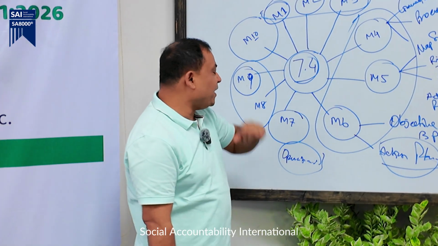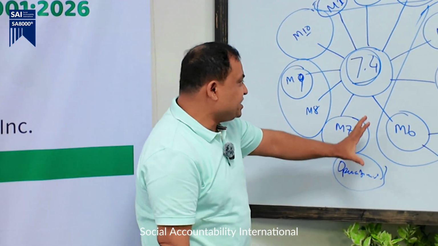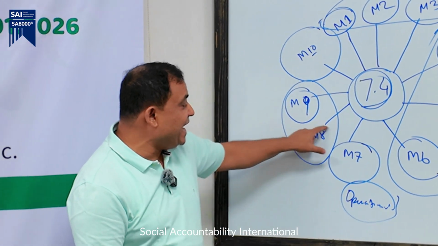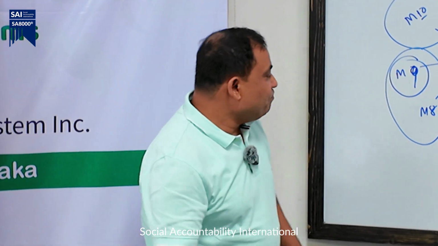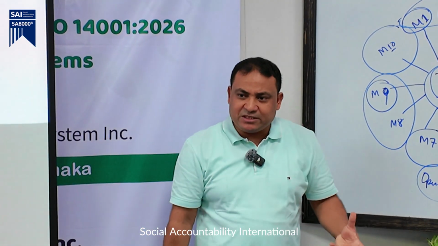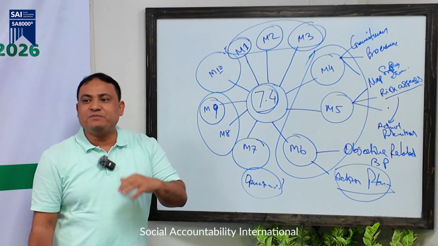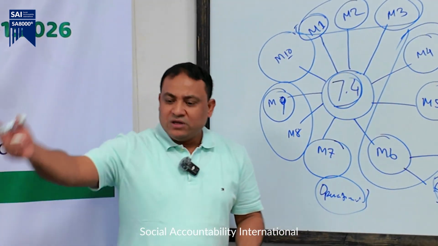In the business partners management system, the requirement is that the organization shall analyze the data. If you remember M8, we collected a lot of data: implementation data, monitoring data, performance data. Again, in the grievance mechanism we have a lot of data, grievances received from business partners, maybe workers of the business partners, other stakeholders related to business partners, and maybe internal workers raising grievances related to our suppliers.